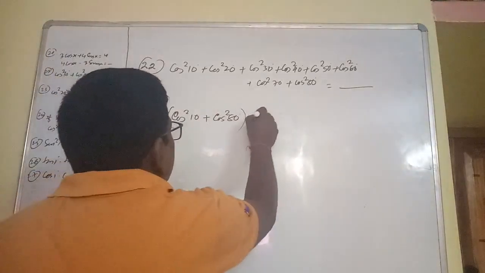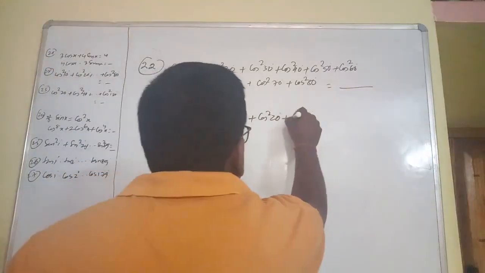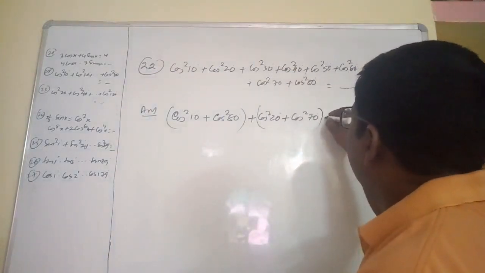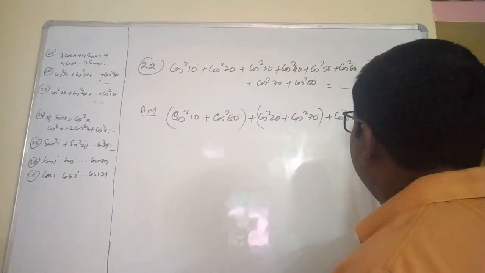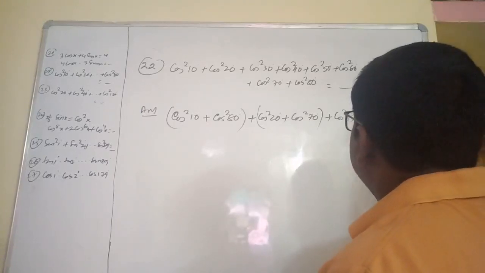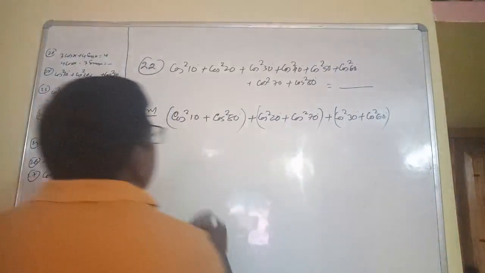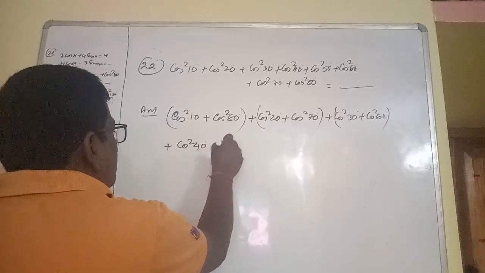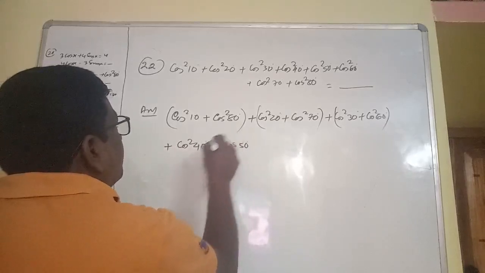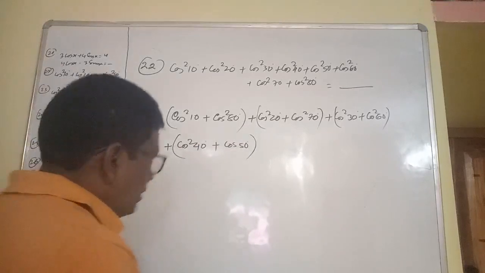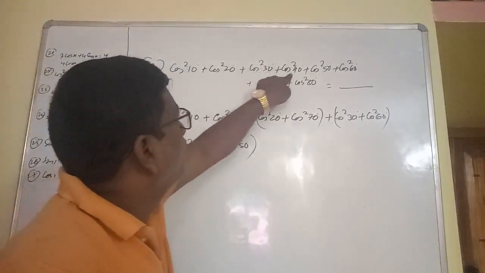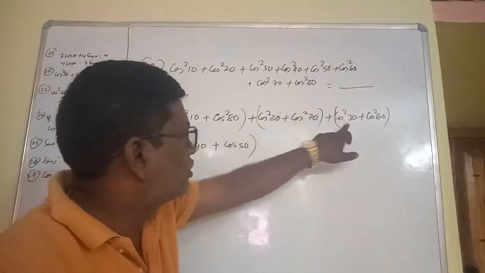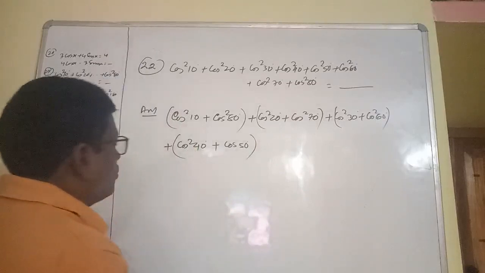Here also cos square 20 plus cos square 70, again cos square 30 plus cos square 60, and another pair cos square 40 plus cos square 50. The number of terms is 1, 2, 3, 4, 5, 6, 7, 8, so this makes 4 pairs. Clear?